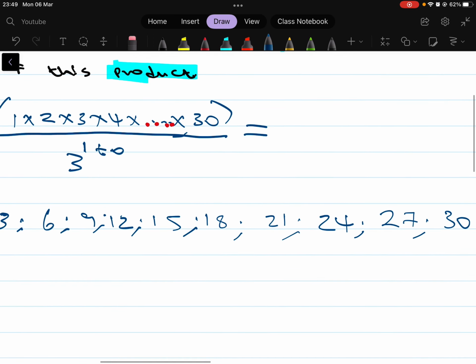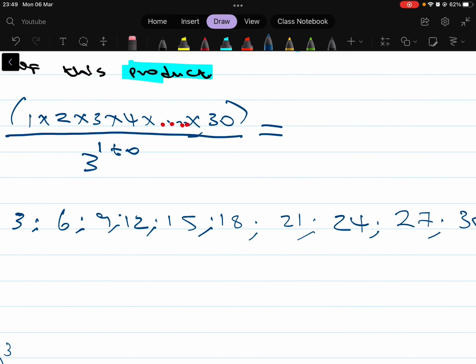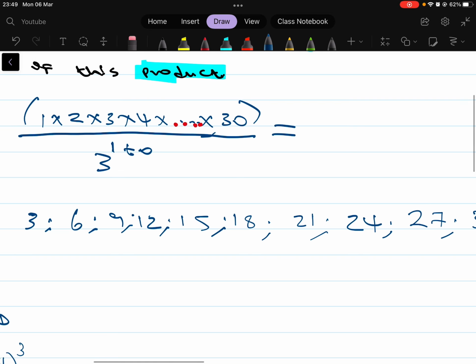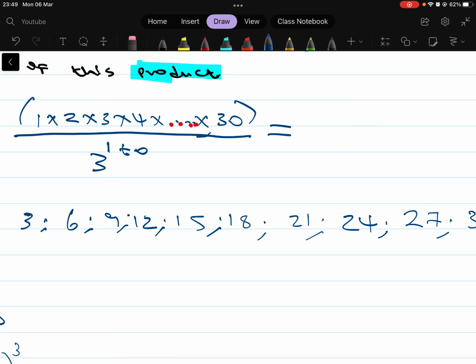All these values are part of the product that we are looking at, and they can all be written in terms of 3. 3 is just 3. 6 you can write as 2 times 3. 9 can be written as 3 squared. 12 is 3 times 4. 15 is 3 times 5.